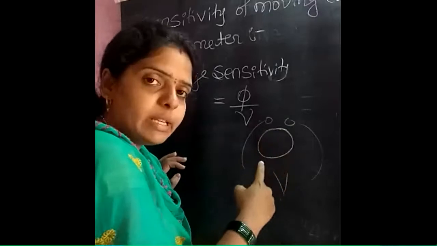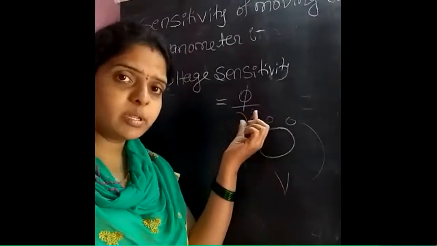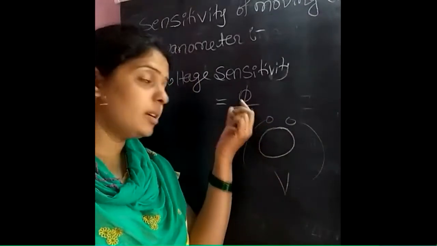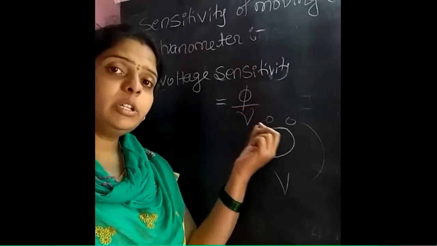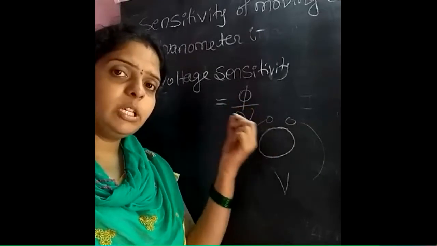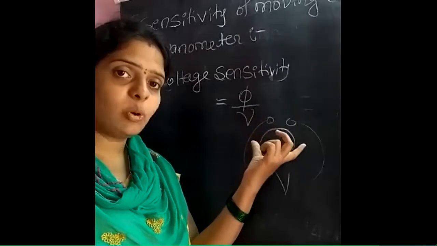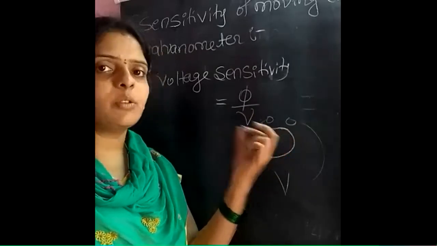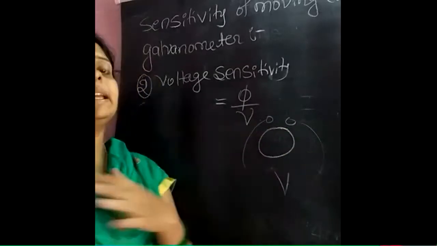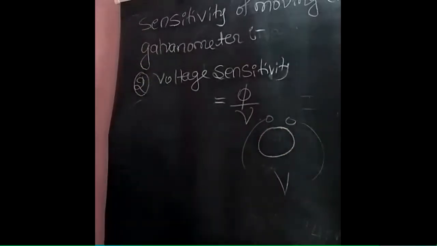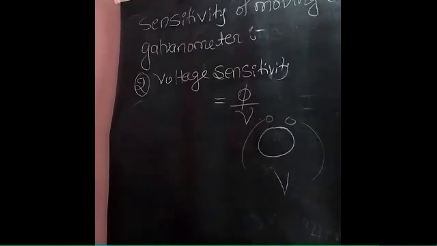The deflection produced in the galvanometer when a unit potential difference is connected across its two terminals is called voltage sensitivity.